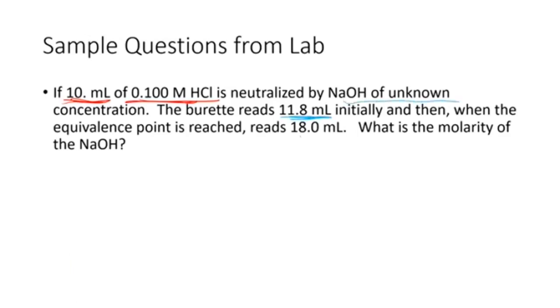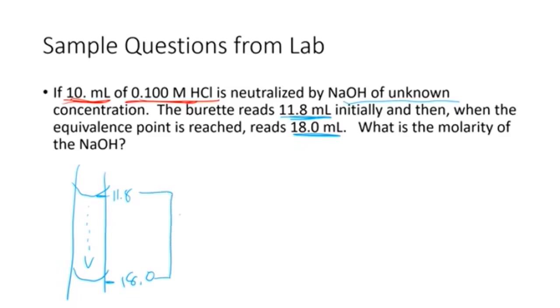My burette started at 11.8, and then I kept adding liquid down to the point where it was at 18.0. So the difference between those two is the 6.2 milliliters, and that's base.